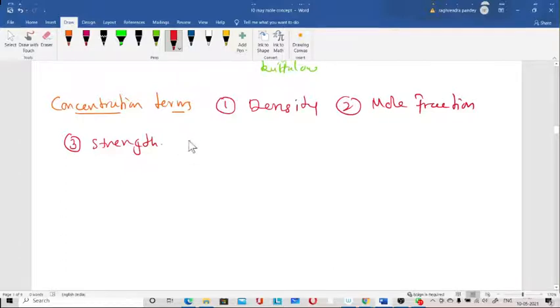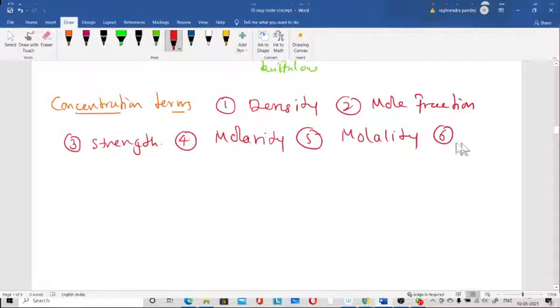Fourth is your molarity. Fifth one is your molality. Sixth is normality.